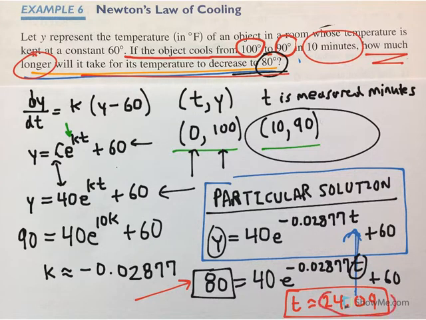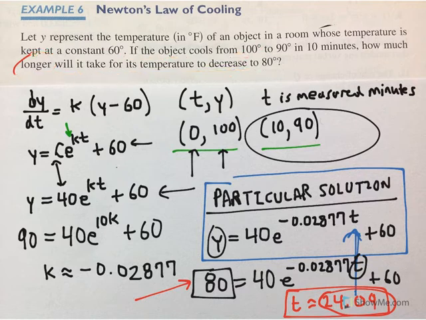Well, subtract 10 from 24 and you get 14. So it's about 14 minutes, 14.09 minutes later from this time, the temperature will decrease to 80 degrees Fahrenheit. So that would be the final answer to our problem here. So you're going to write about 14.09 minutes.